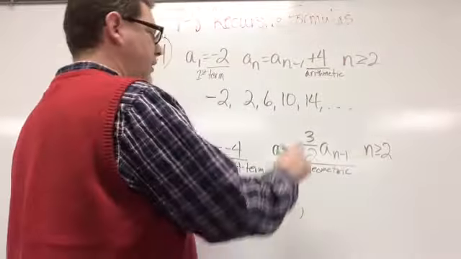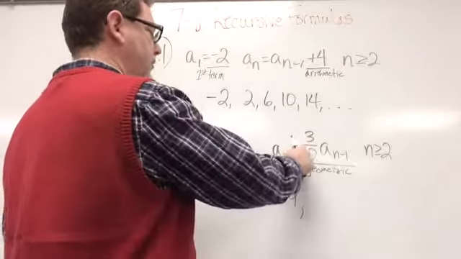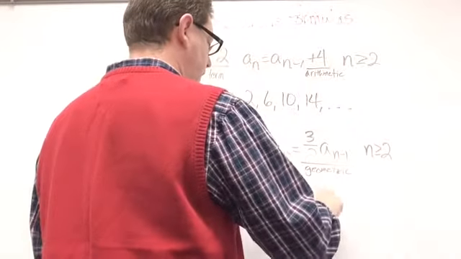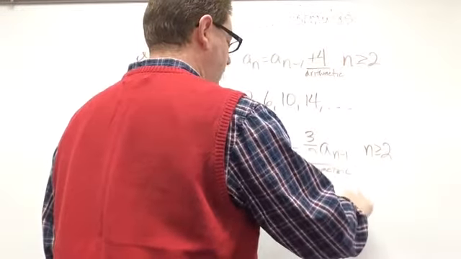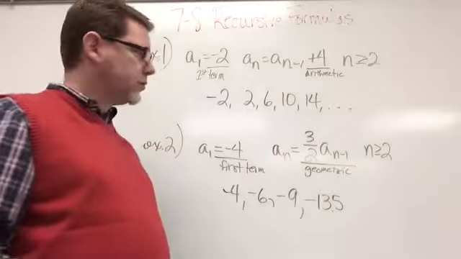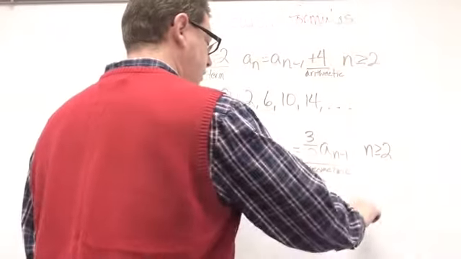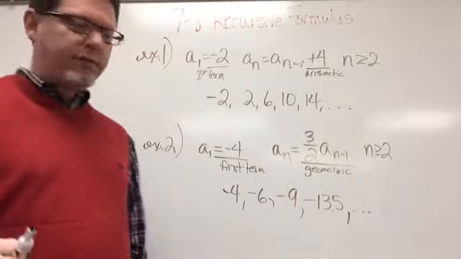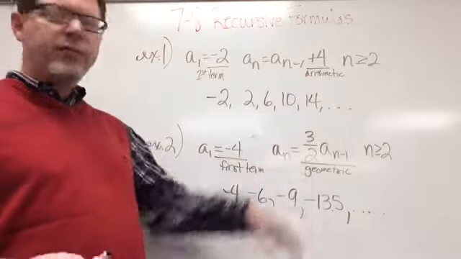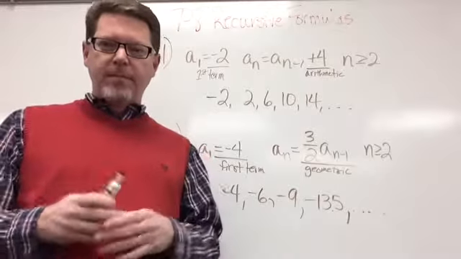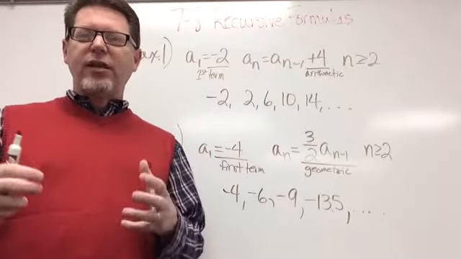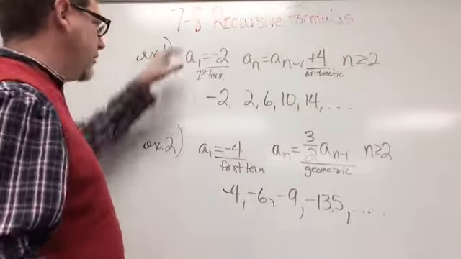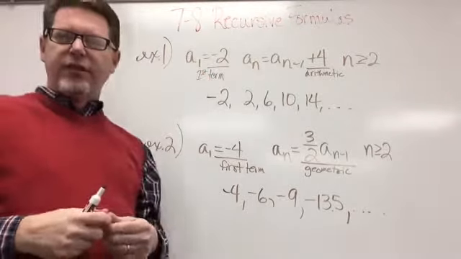And then our next term is negative 9 times 3 over 2, which is negative 27 over 2, which is negative 13.5, if I did my math correctly. And then the next term, we're not even going there. We're just going to do the first 4 because I don't have a calculator with me. So I would take negative 13.5 and multiply it by 3 over 2, and then we'd keep going. Okay? So this is a way that we take a recursive formula and we figure out what the terms are in our sequence based on the first term that they give us.